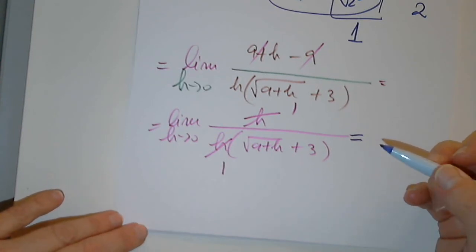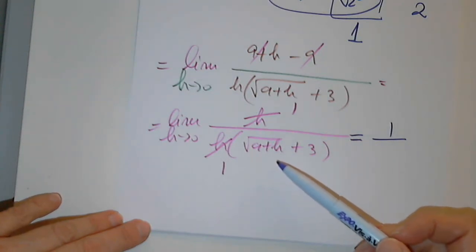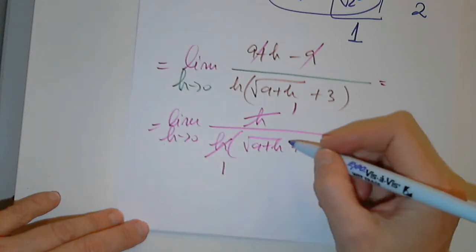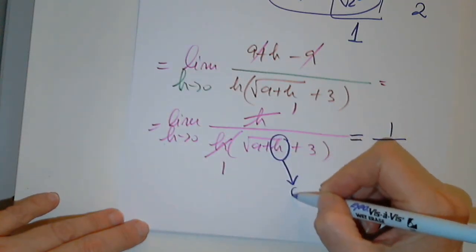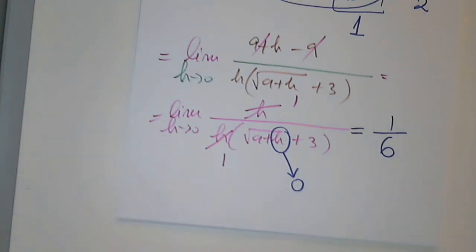I'm ready. 1 over the square root of 9 plus h plus 3. Careful. H approaches 0. H approaches 0. Is that clear?